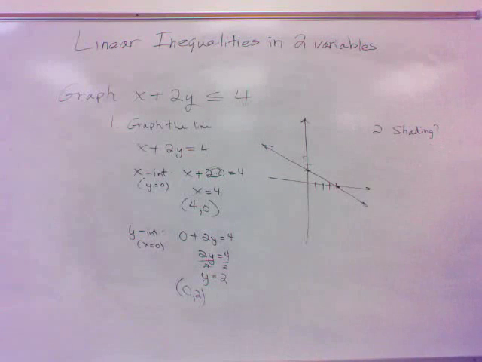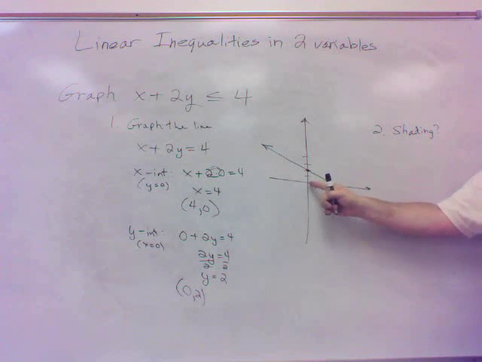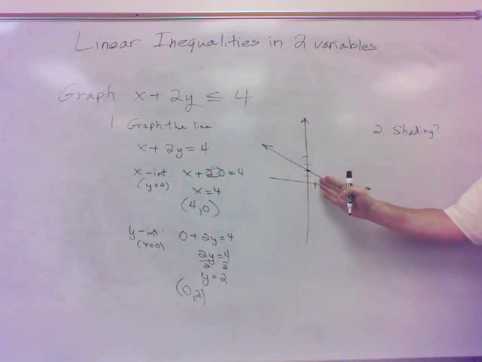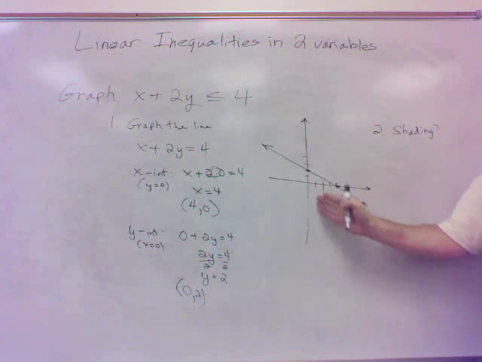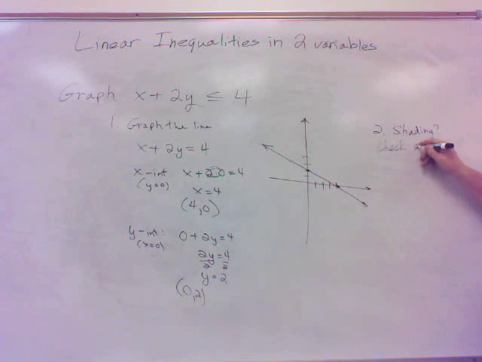Really, it can come down to just one point, because if I know what happens at one of the points that's not on the line, wouldn't it stand to reason that all the points on that same side would have to go with it? Because if I'm going to shade this point, then I'd have to shade everything. All right, so really it's just check a point not on the line. That's what we're going to do.